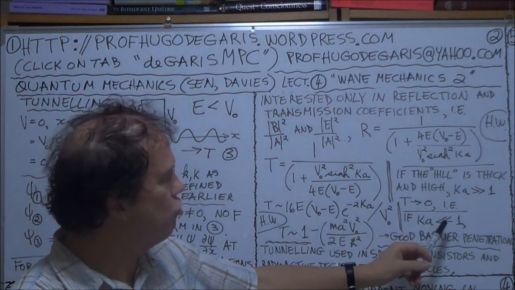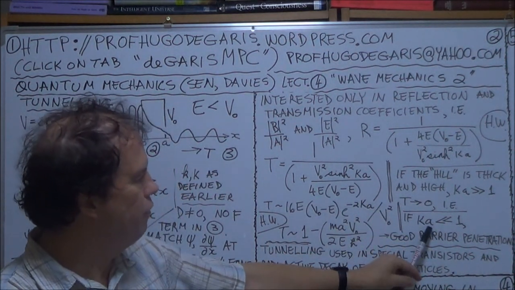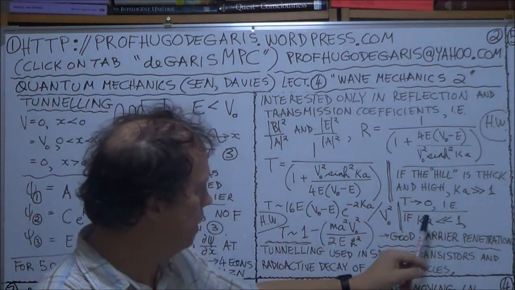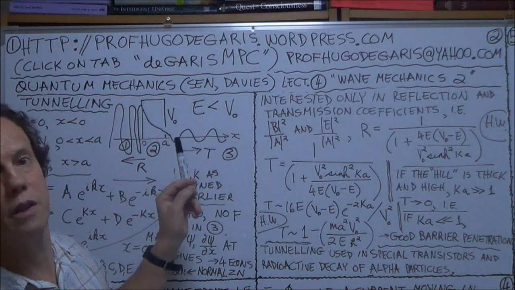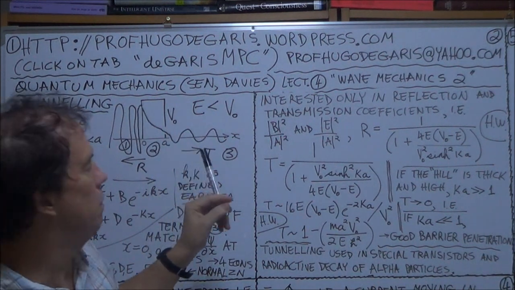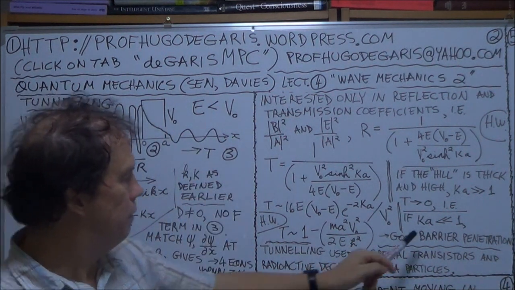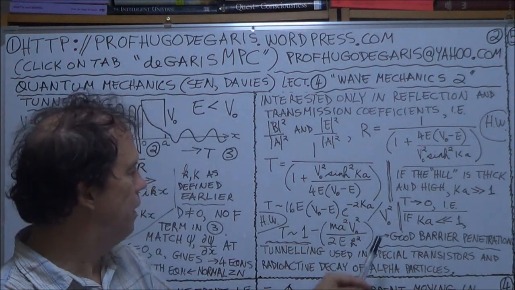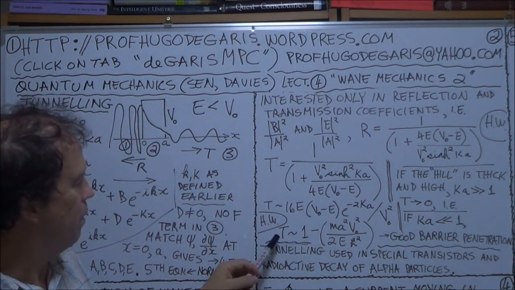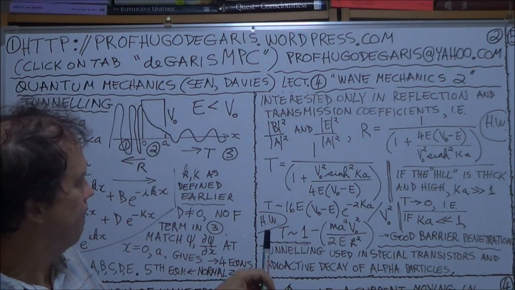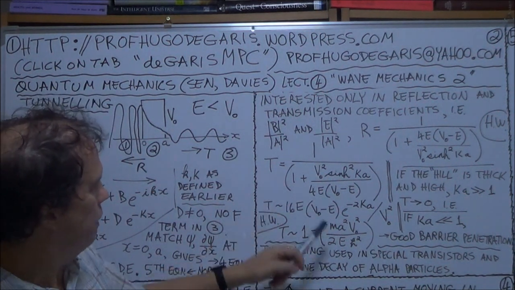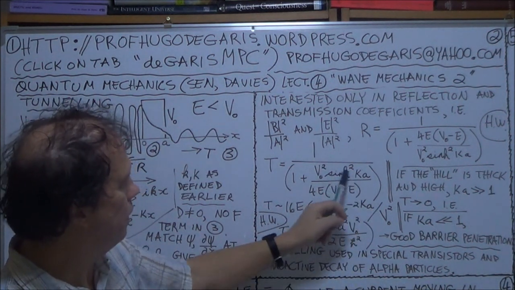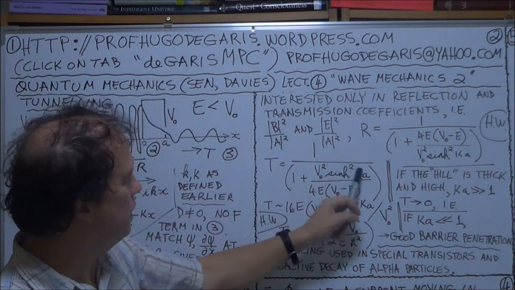Now, the other extreme, if a is very, very thin, and your potential V0 is very short, not tall, then Ka is much smaller than 1, the opposite of here. Again, this is part of homework. If your Ka is now very small, you can make approximations with this.